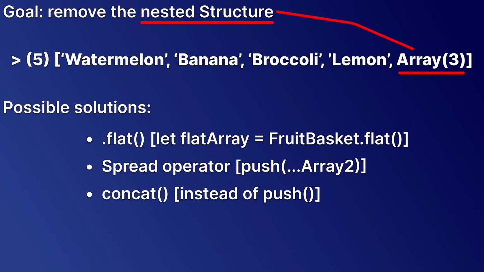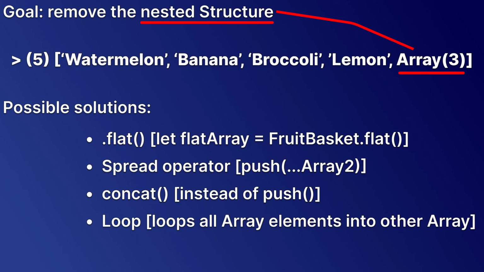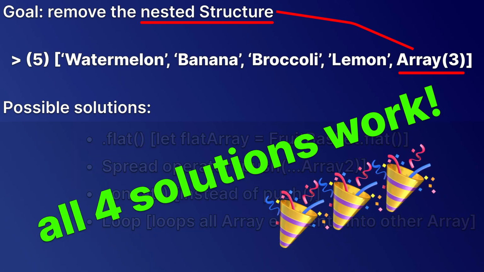We could use the concat method instead of push. And concat is specifically designed to concatenate 2 arrays. Or we could also use a loop. So we would loop all of the array elements into another array. And first of all, the great thing is that all of these 4 solutions work. So we can choose whatever we want.